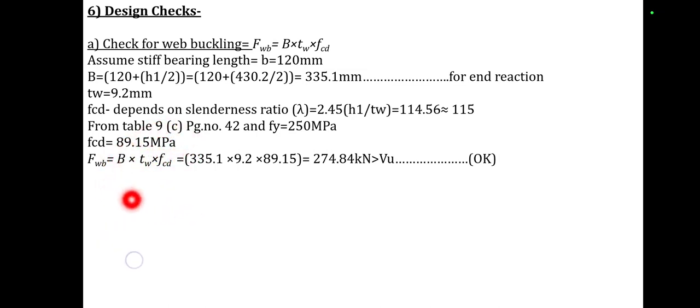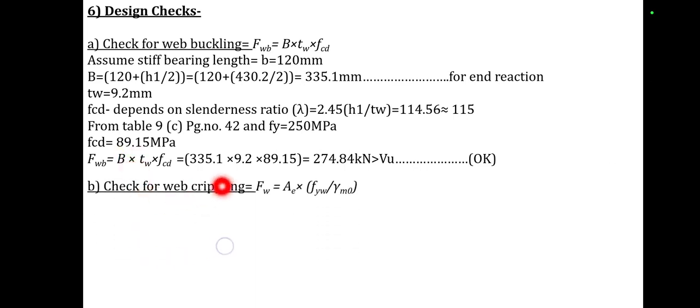Then substituting all this data in the formula of FWB, which is equal to B into TW into FCD, our value of FWB is equal to 274.84 kilonewton, which is greater than Vu. Hence our beam is safe in web buckling.